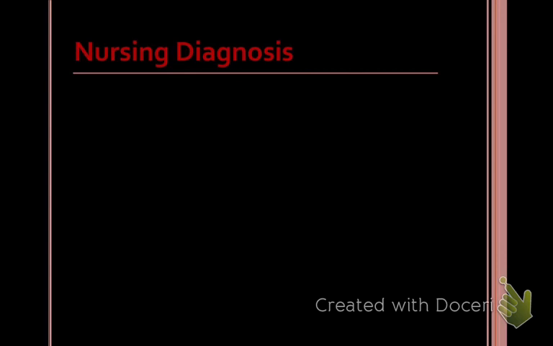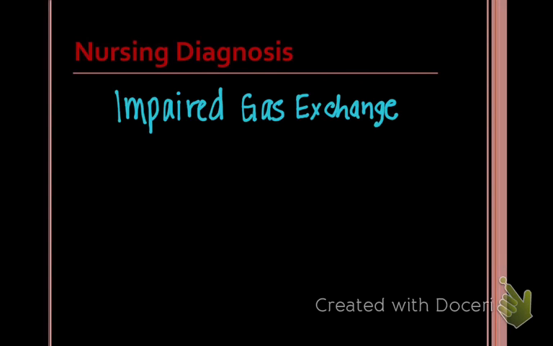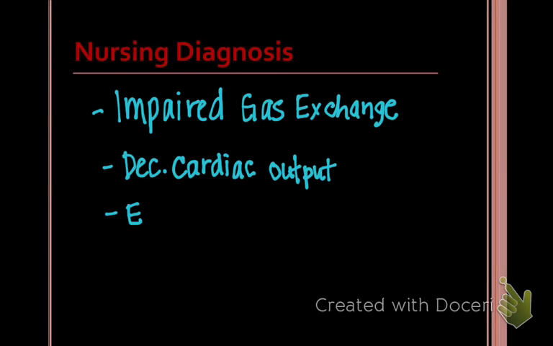What are some nursing diagnoses? Y'all probably, if you did your case studies, I believe one was about heart failure, so you should know these, right? You can just skip right through this. But your nursing diagnosis is your impaired gas exchange, right? This can be related to increased preload, alveolar capillary membrane changes, decreased cardiac output, and this is often related to altered contractility, altered preload, or altered stroke volume.